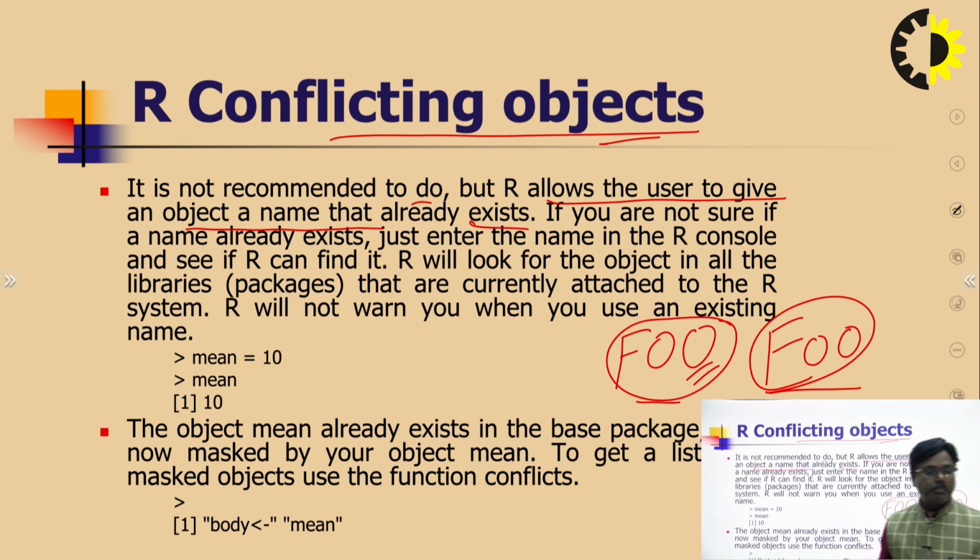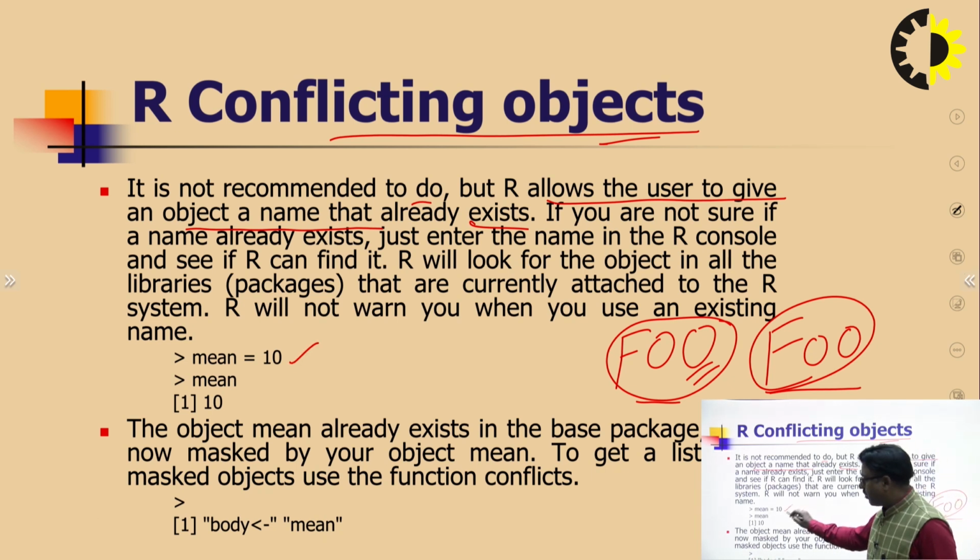That means there is a possibility that a particular word is already in R programming, and we have created another object which has the same name as the one built into the programming.